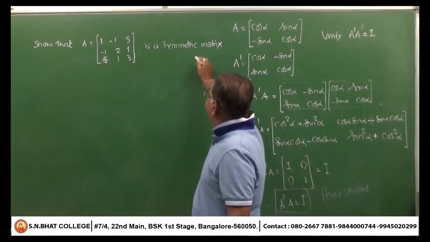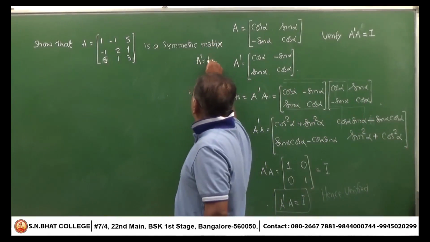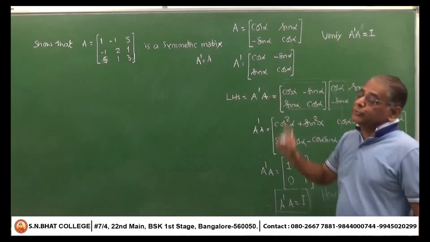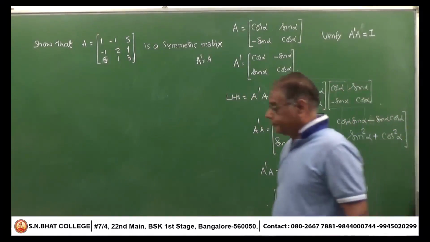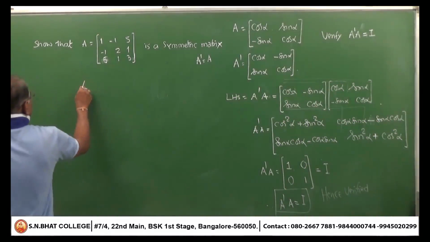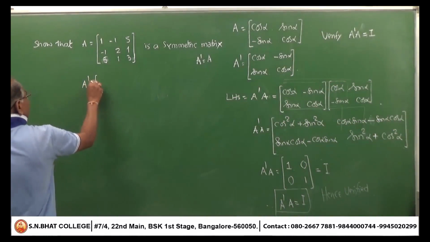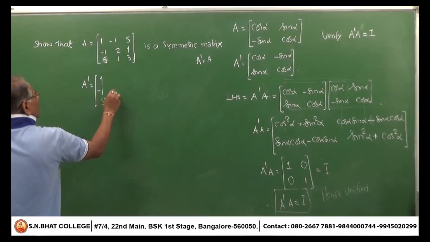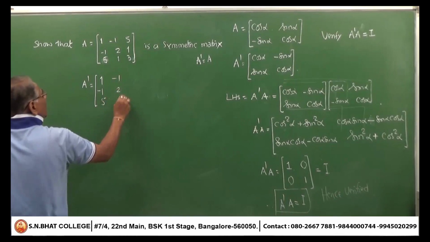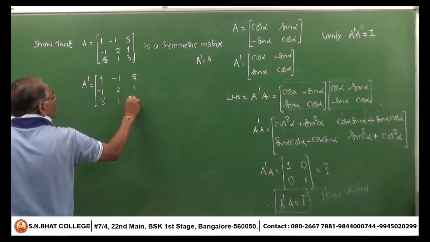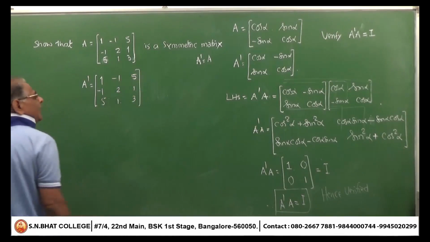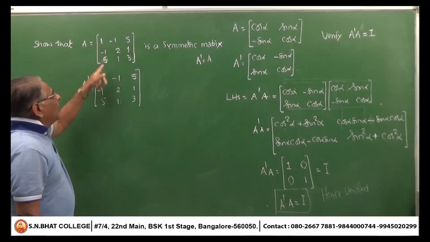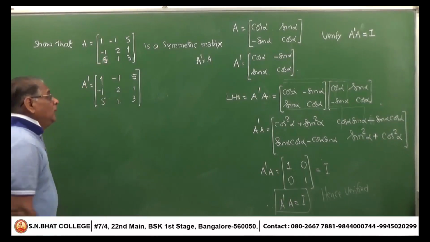Tell me, what is the definition of symmetric? A transpose must be equal to A. Calculate A transpose and show that it is equal to A. A transpose is interchanging of rows and columns. Write rows as columns, columns as rows.